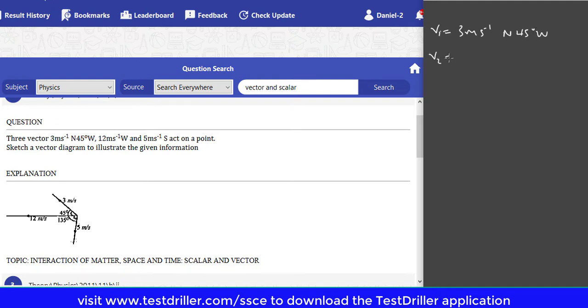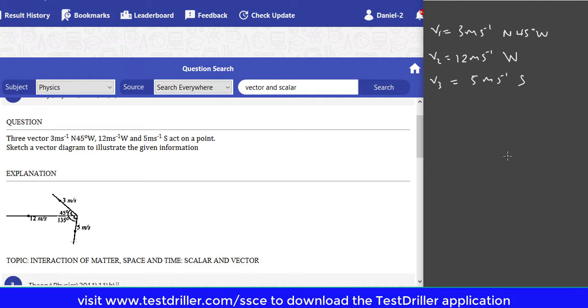For the second vector, we have 12 meters per second, and the direction is due west. Then the third vector is 5 meters per second, and the direction is south, and they all act on a point. So the question is, sketch a vector diagram to represent the given information.